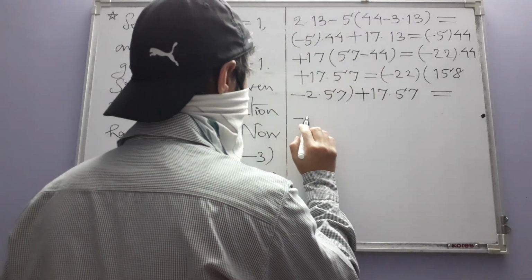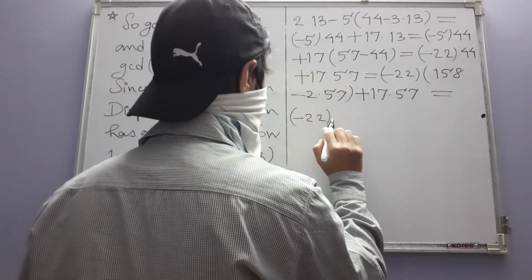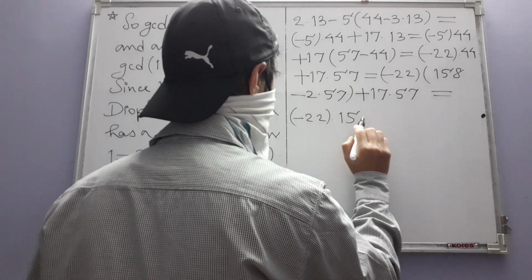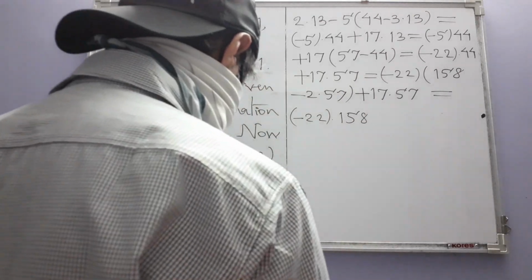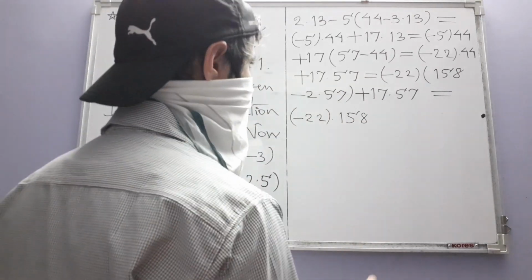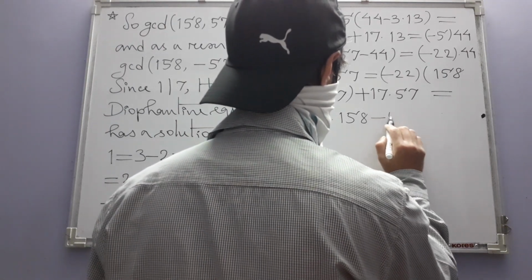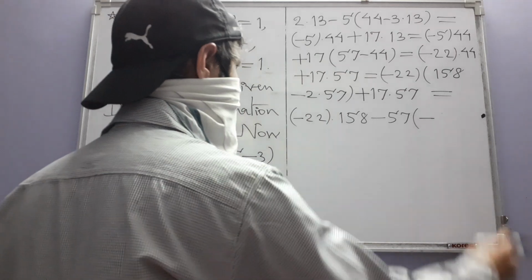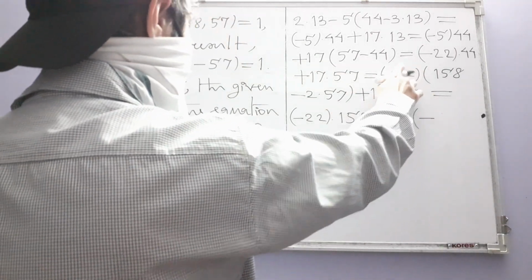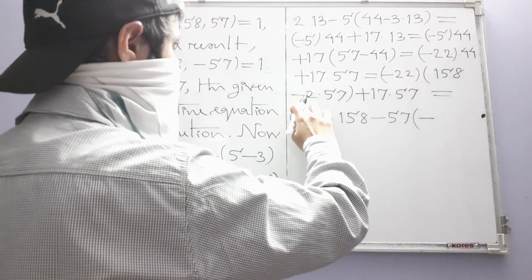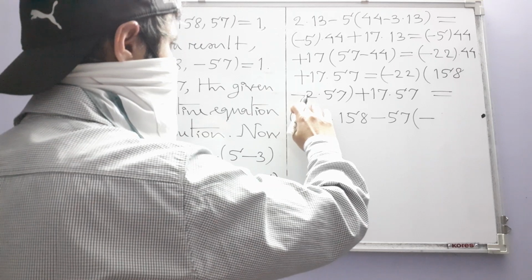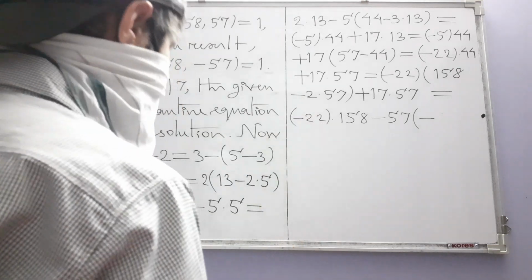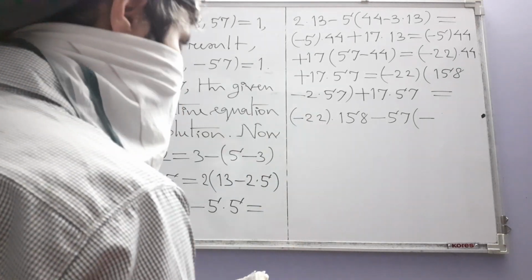Minus 22 times 158 minus 57 times minus, because it's going to be minus 44. Okay, what? No, it will not be minus.